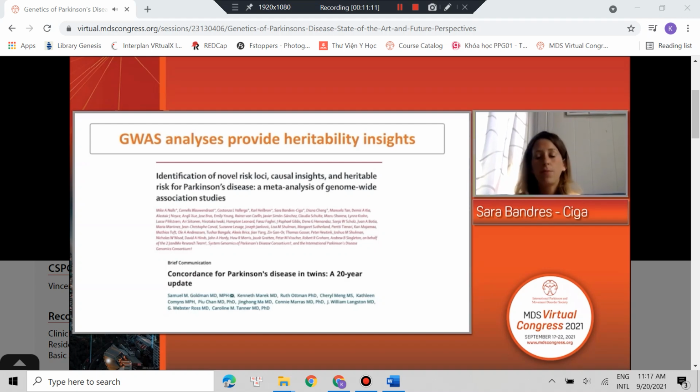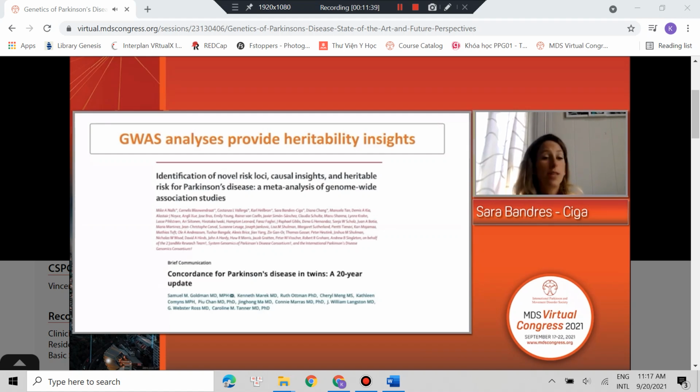I think this is a beautiful example of the power of GWAS studies, because it shows that there is concurrence between the heritability of Parkinson's disease from molecular genetics, the last GWAS meta-analysis, and also from epidemiological data. And in the Parkinson's disease genetics field, currently identified GWAS signals explain about one third, more or less, of the total heritability of disease.